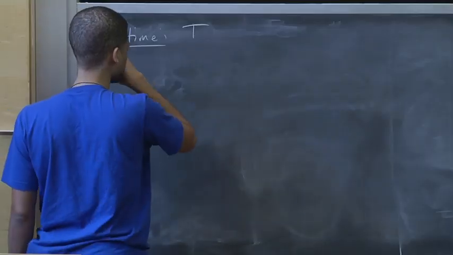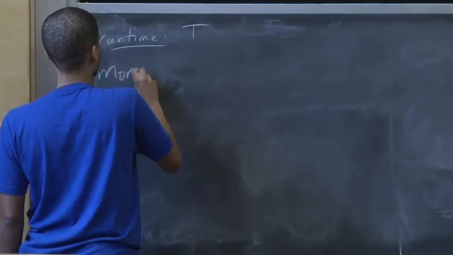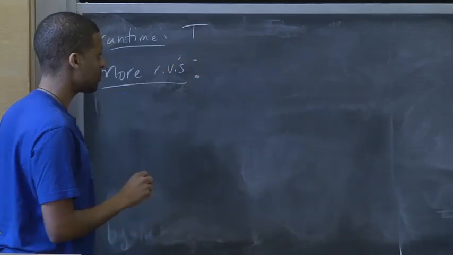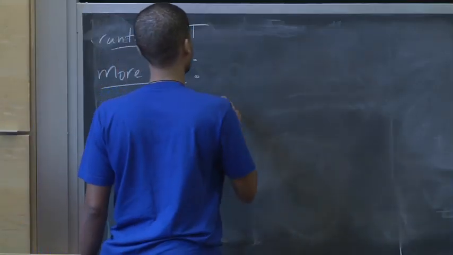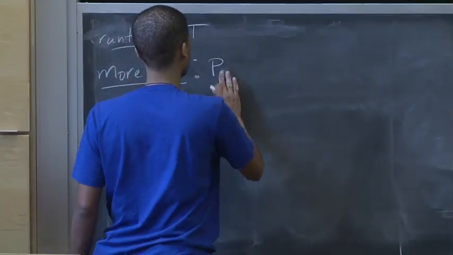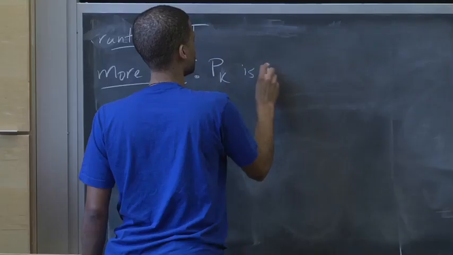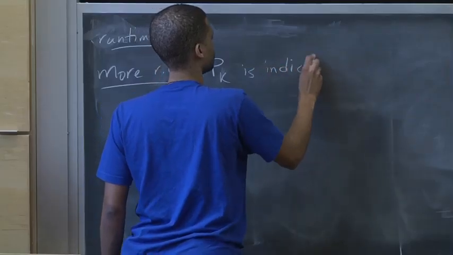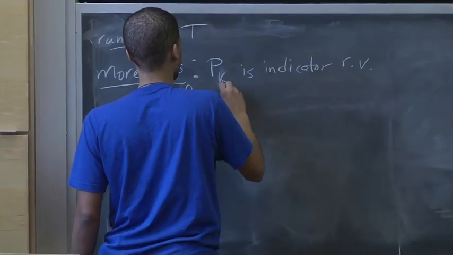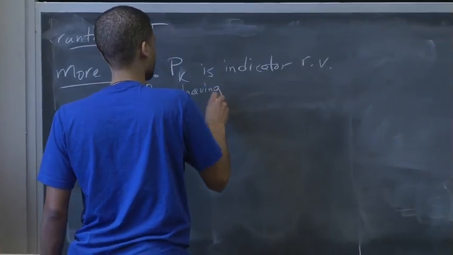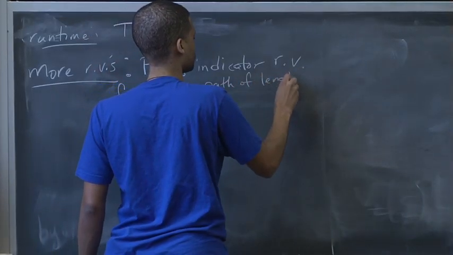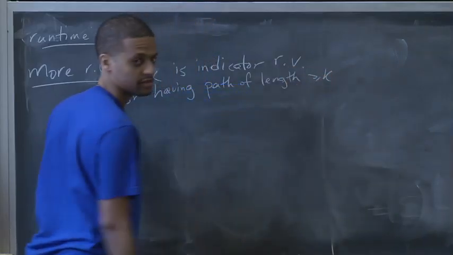We could say that P_k is an indicator random variable for having a path of length at least k.